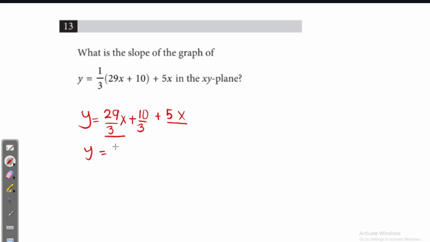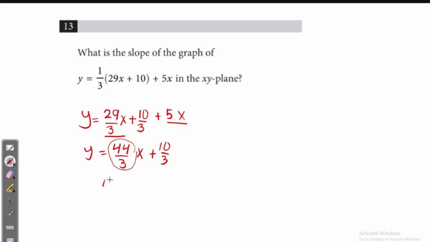We will use a calculator. It becomes 44/3 x plus 10 over 3. Of course, this is too easy, only a two-step example to solve. This is the slope.